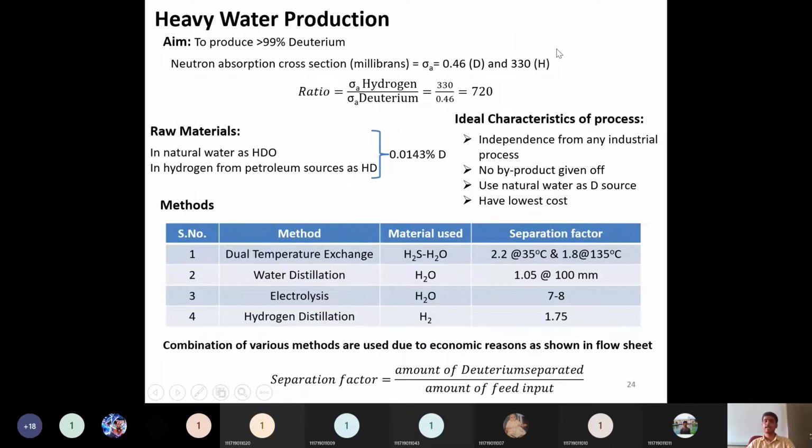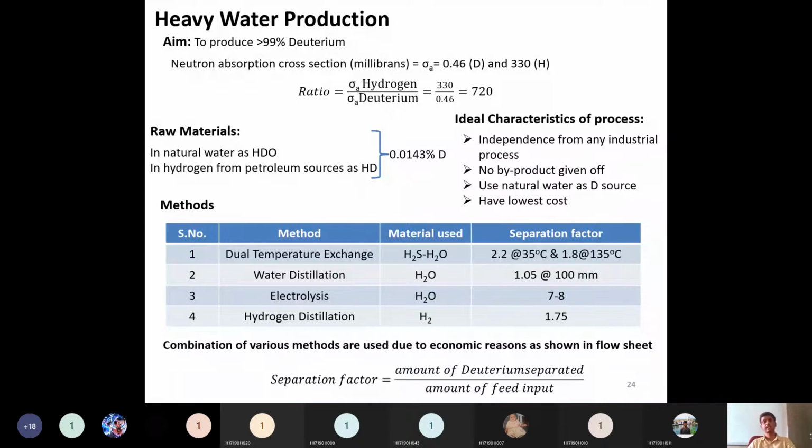Its notation is sigma A. Sigma A of hydrogen will be 330 and sigma A of deuterium will be 0.46. Because of this low neutron absorption cross section, it is in great demand in nuclear reactors.